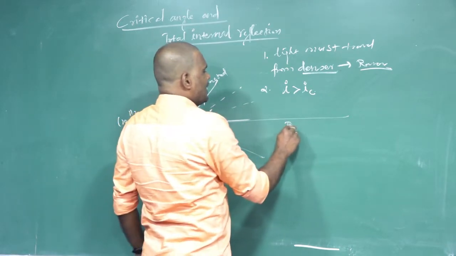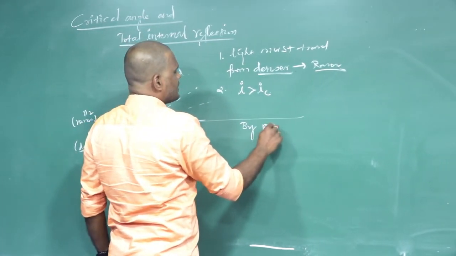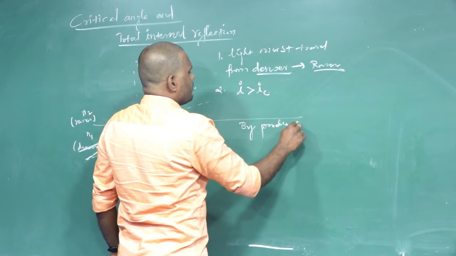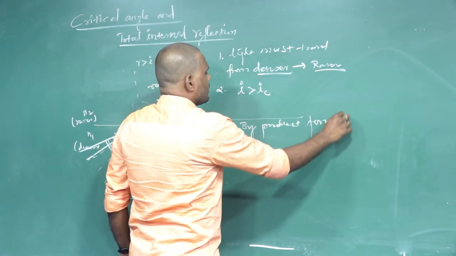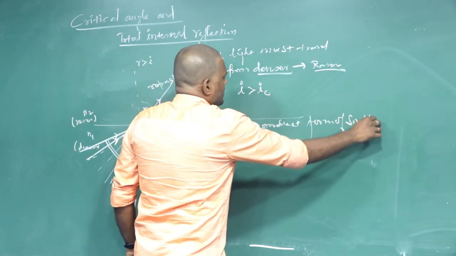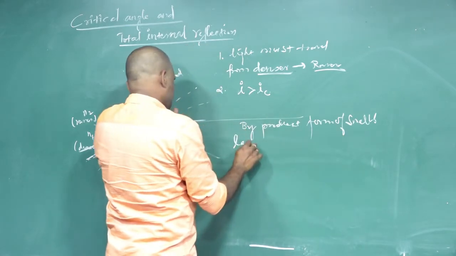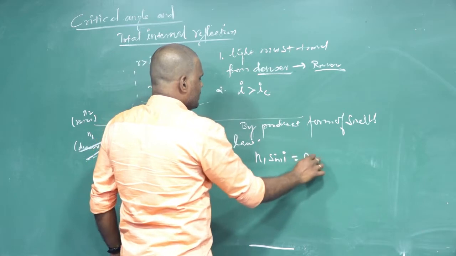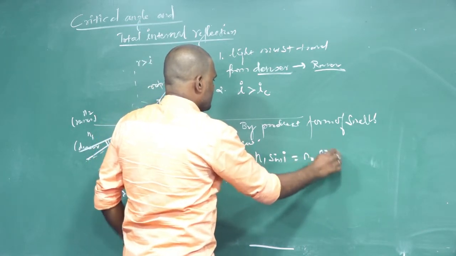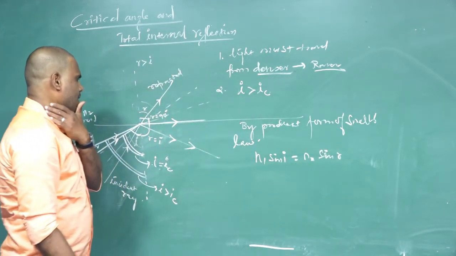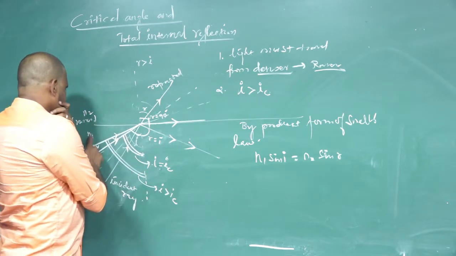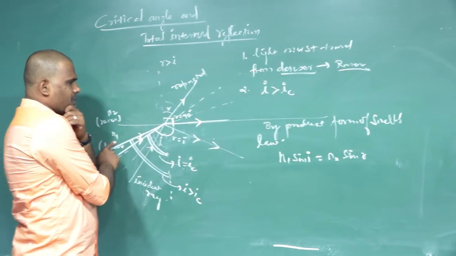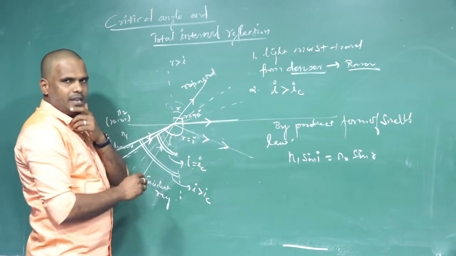Now, by the product form of Snell's law, you can write N1 sin I is equal to N2 sin R. This is the product form of Snell's law. I can say here, first medium, N1 is the denser medium, N2 is the rarer medium.